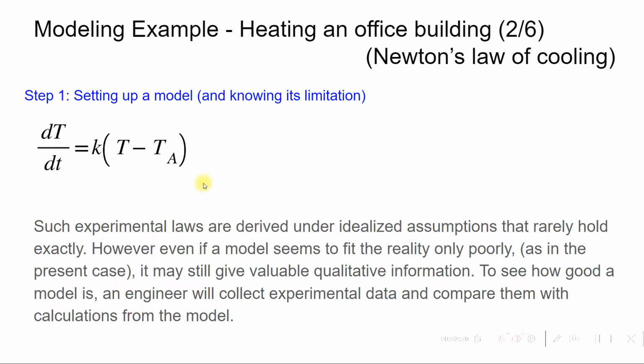So we still need to compare the calculation to the measurements that we take, which means that we really need to take measurements in this office building. So that is what we call setting up a model and knowing its limitations.